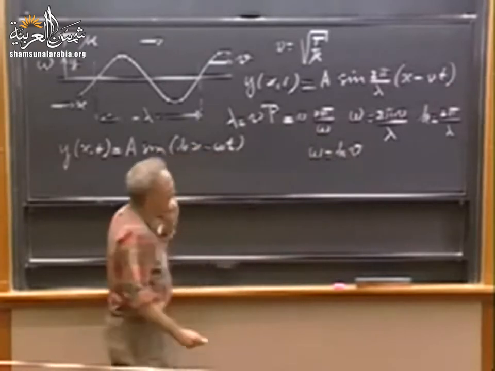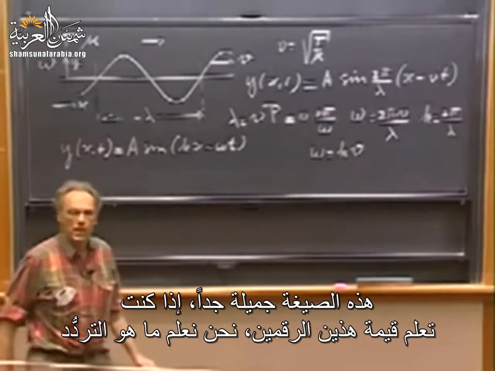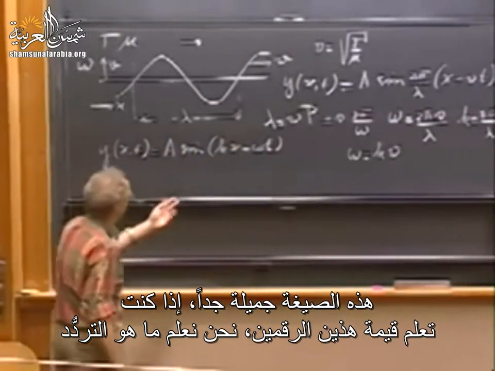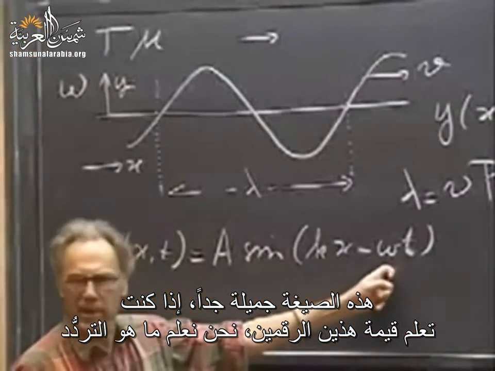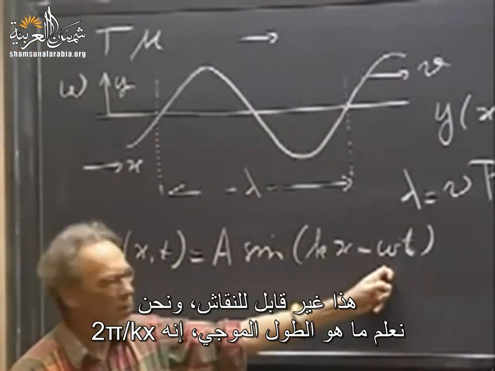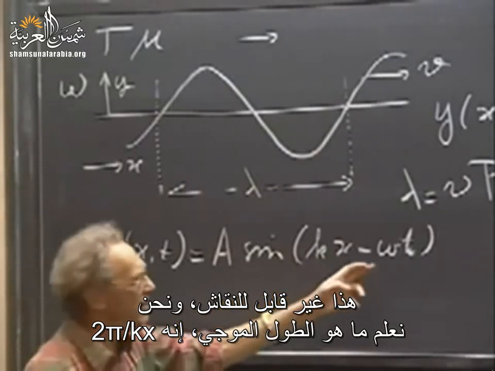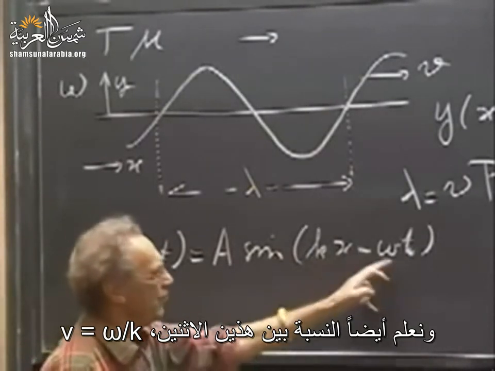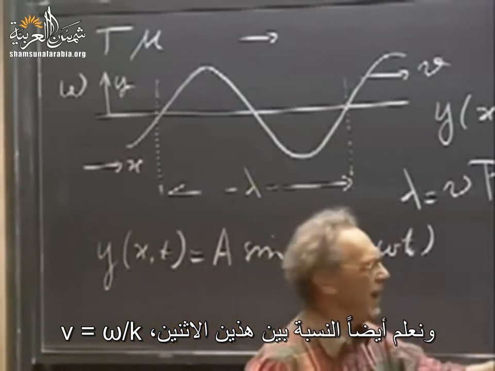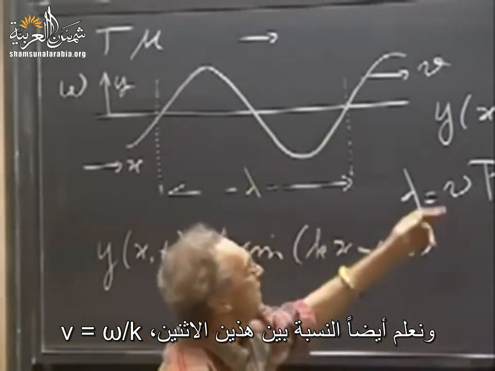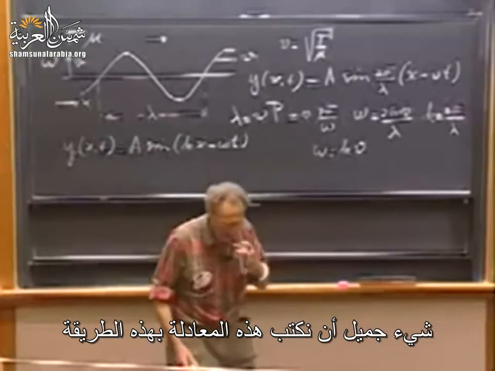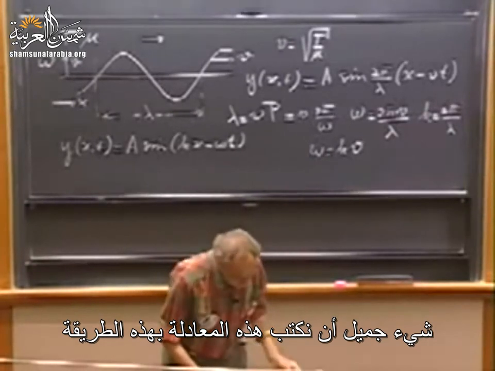And so this form is nice in the sense that if you have these two numbers, you know immediately what the frequency is, that's non-negotiable, and you know immediately what the wavelength is. It's 2 pi divided by k, and you even know that the ratio of those two, omega divided by k, is your v, which is that v. So it's a nice way of writing things down.